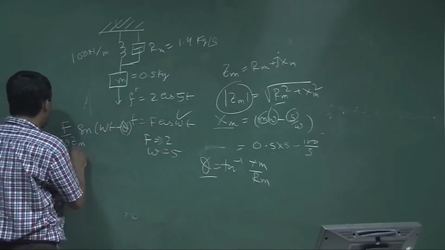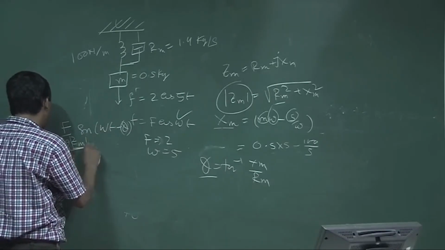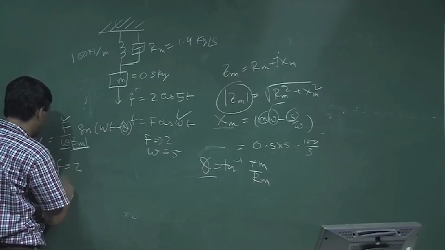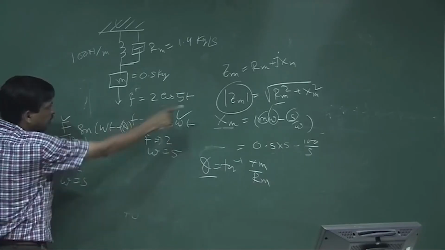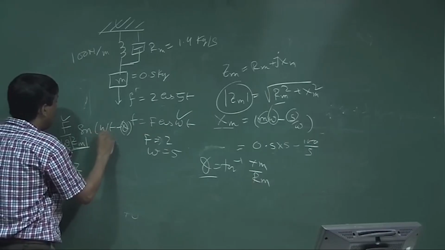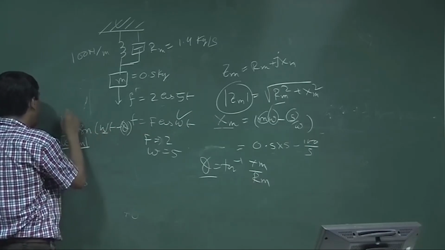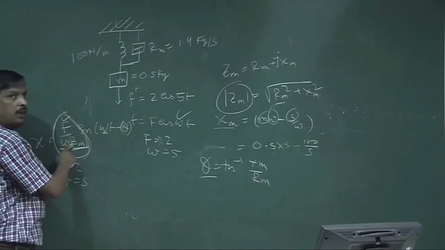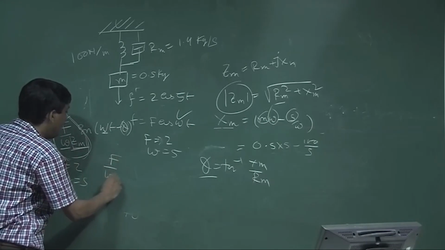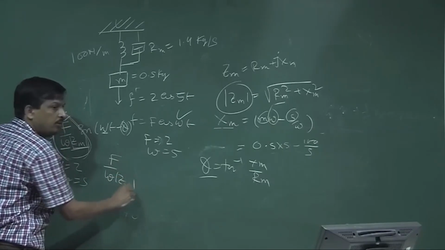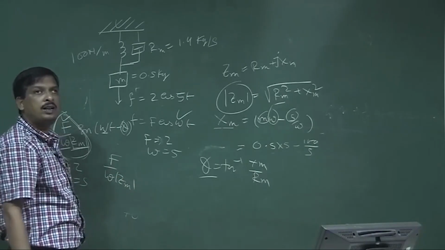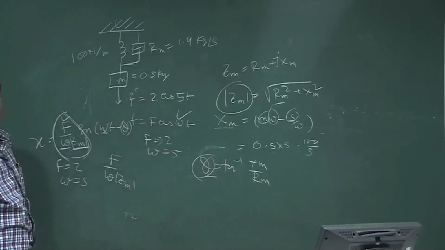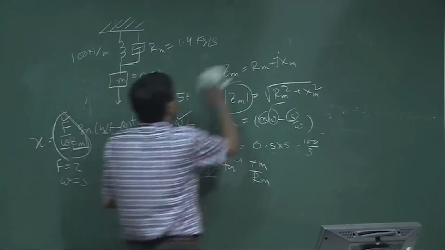Here you know the value of mod Zm, omega, and F. F is equal to 2, omega is equal to 5, Zm you can calculate. The speed amplitude is only F by omega mod Zm. Now, phi I can calculate easily.